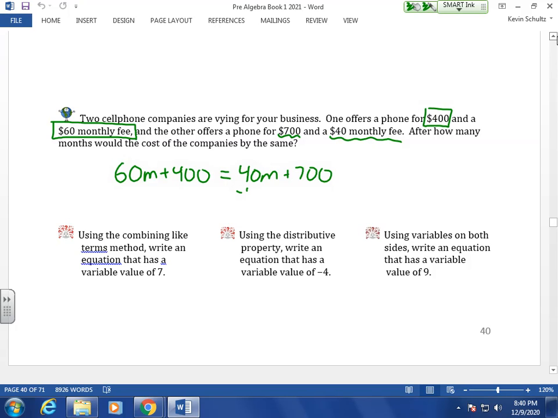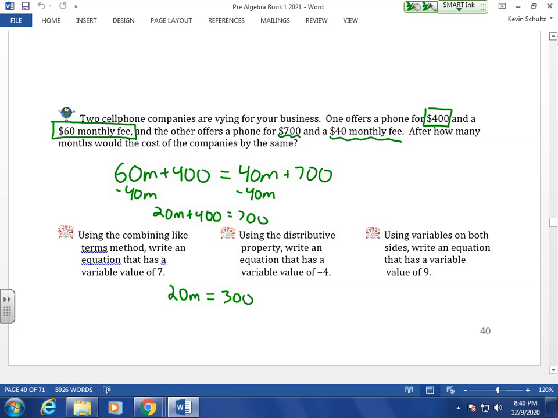So subtract 40M from both sides. All right, you can tell I didn't leave myself enough space here. That gives us 20M plus 400 equals 700. I'm going to just skip down below here. Move our constant over. Subtract 400 from both sides. 700 minus 400 is 300.